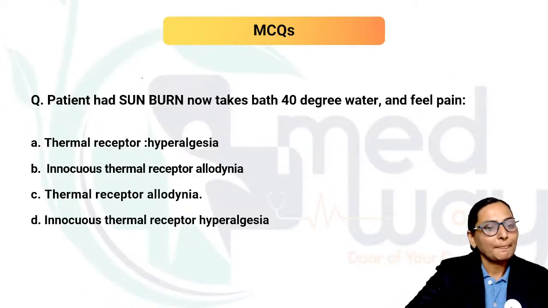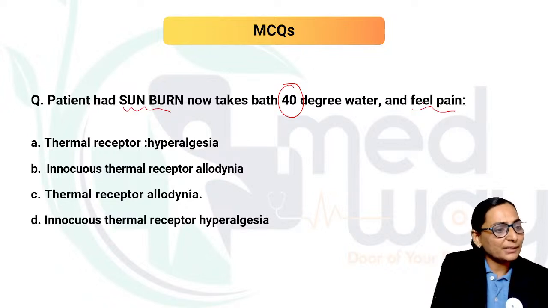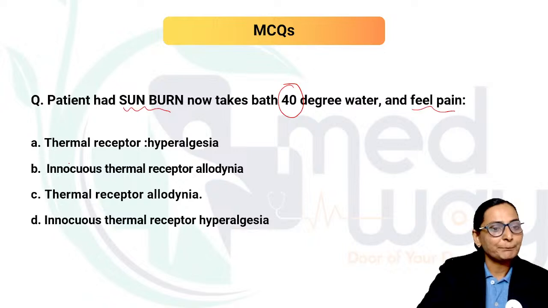Now, a patient had sunburn, okay, sunburn, and now takes a bath at 40 degrees and he feels pain. So first he had sunburn, which by itself caused pain, and now he is bathing in hot water, which is about 40. What is the pain caused by?